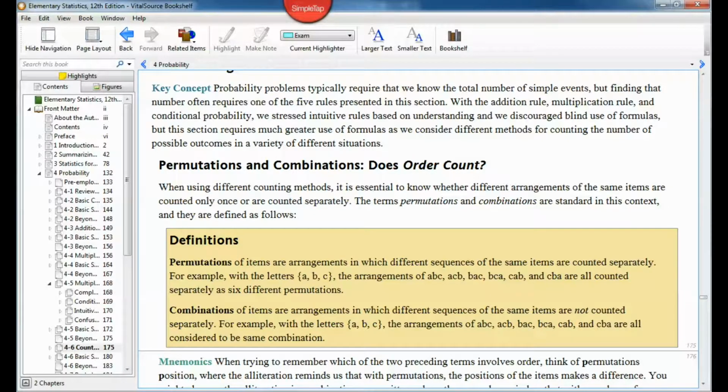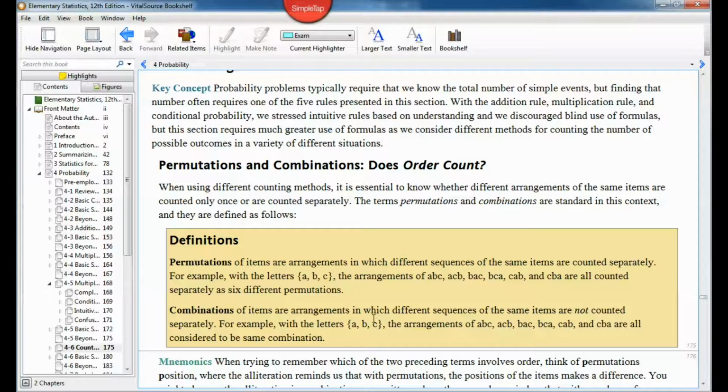But really, are they different groups? Well, no, they're not. So that would be an example of when we would want to call it a combination, not a permutation. Look at the definition of a combination. Combinations of items are rearrangements in which different sequences of the same item are not counted separately.